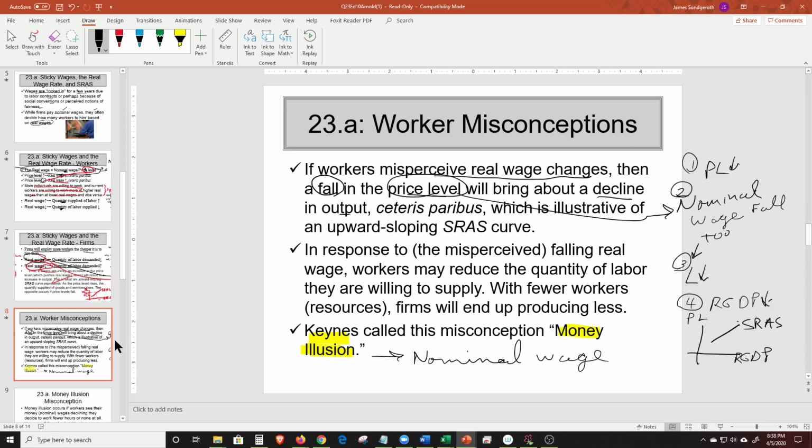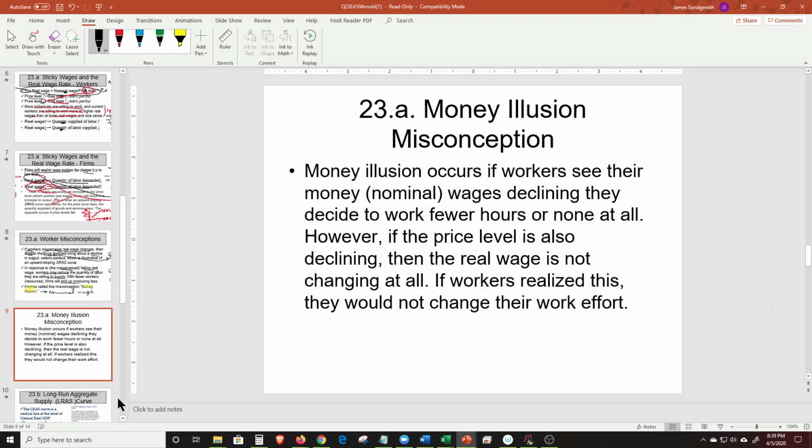So in response to a misperceived falling real wage, workers reduce the amount they're willing to work, and output drops. And vice versa. If wage rates are going up, but maybe a little slower than inflation, workers might think, oh God, we're doing well, even though their real wages are falling. And so they will work harder, even though their real wages are falling. So this is the money illusion, according to Keynes.